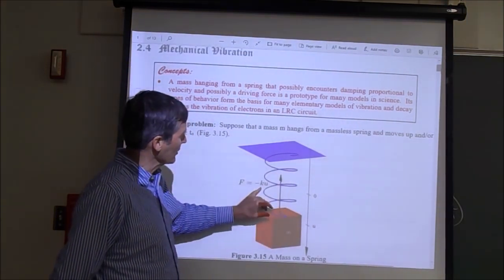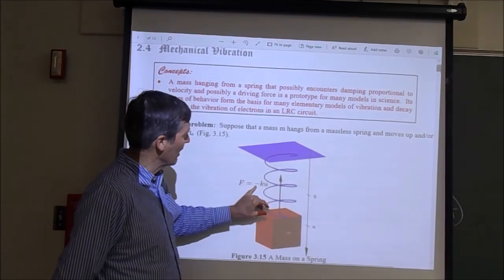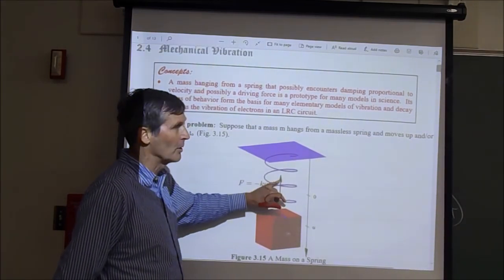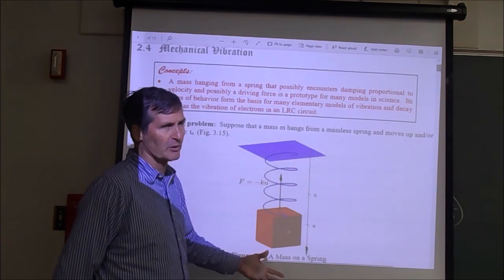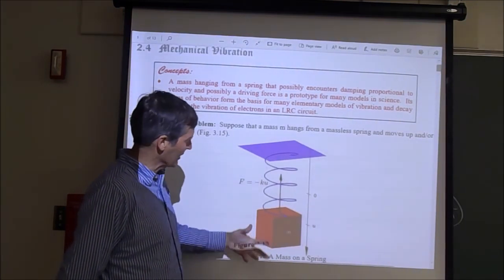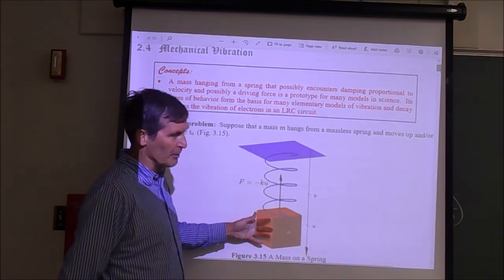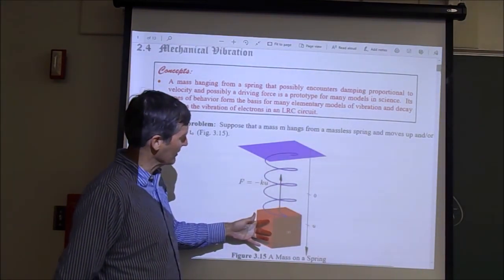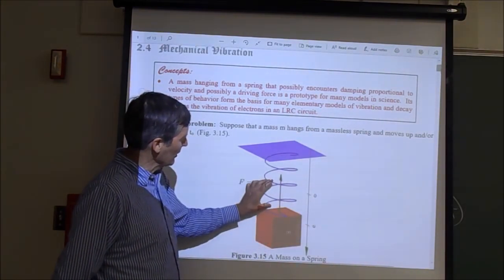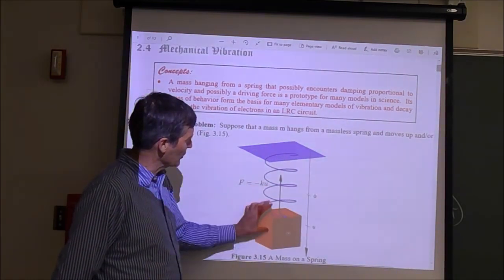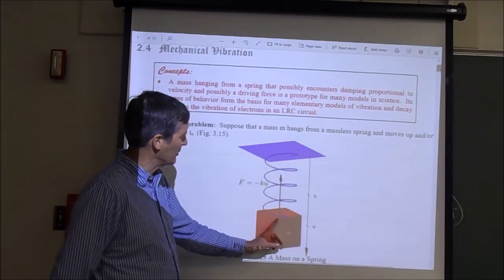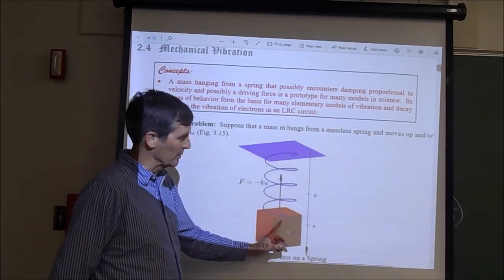Then the force exerted by the spring is minus some constant times u, called the Hooke's law constant of the spring. It depends on what the spring is made of and how thick it is, all that sort of stuff. But to a good approximation, springs behave like this. You can pull it down u units and the force will be minus some constant times u. The minus here is to make it a restoring force, right?